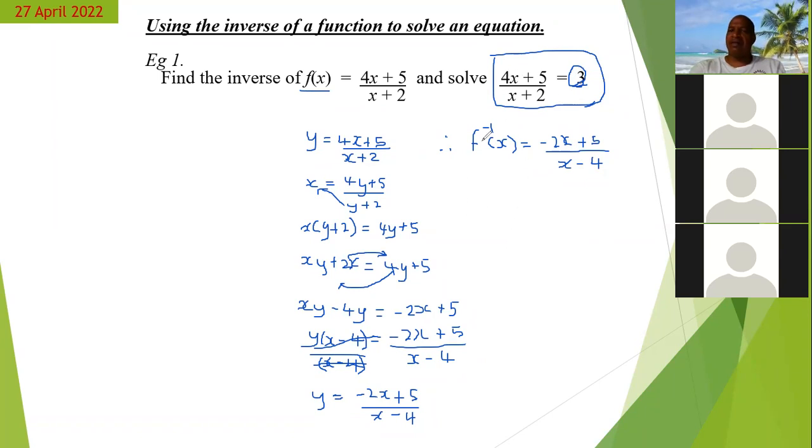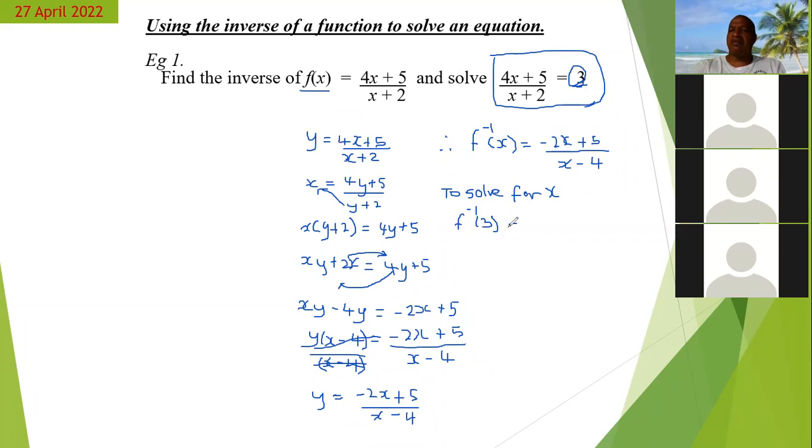So solving the equation, to solve for x, we would just simplify f inverse of the y value, which is 3.